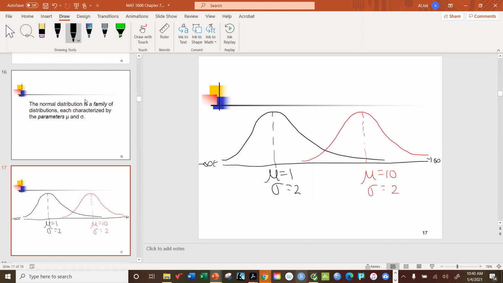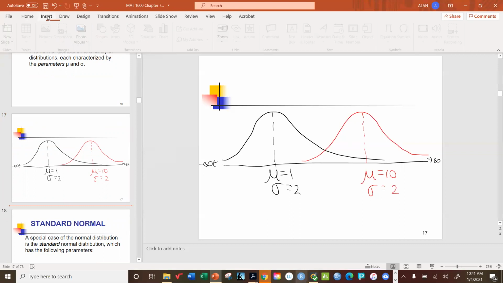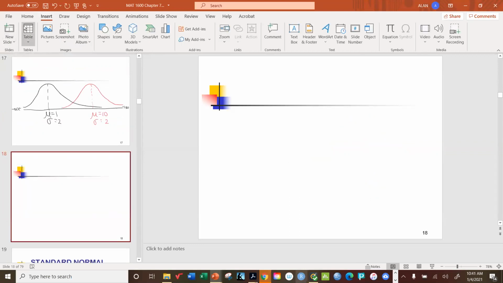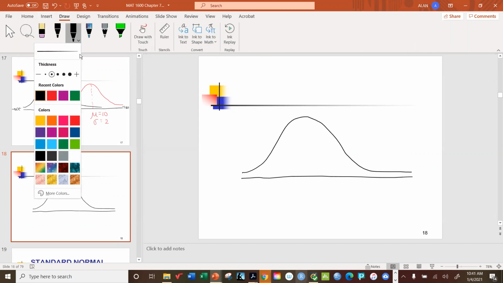Now, what about the case where they have the same mean but different standard deviations? Very interesting case. All right, let's take a look at it. There's the first one, and now the second one, I'll make it red.